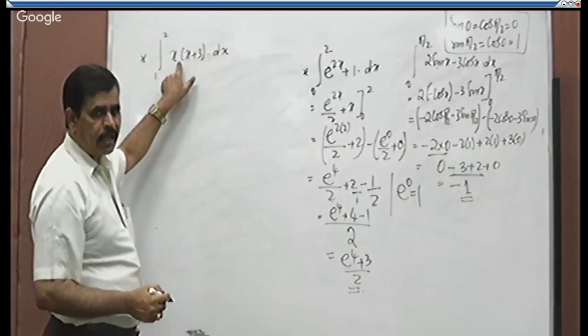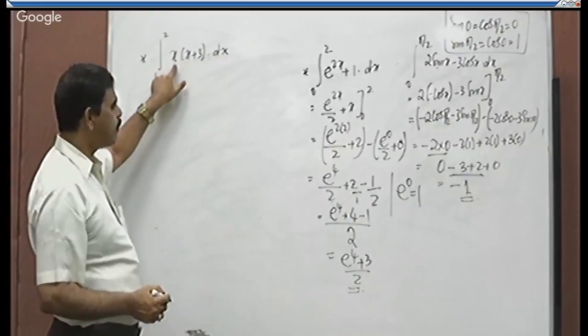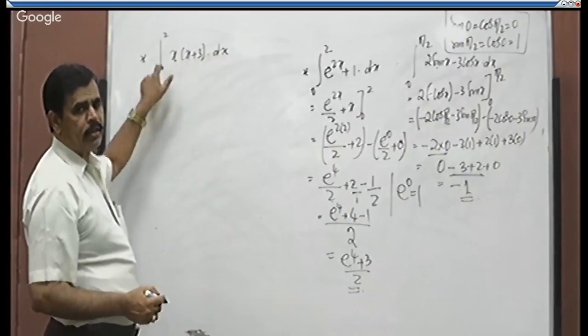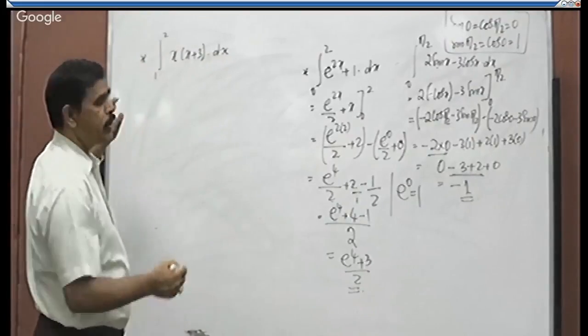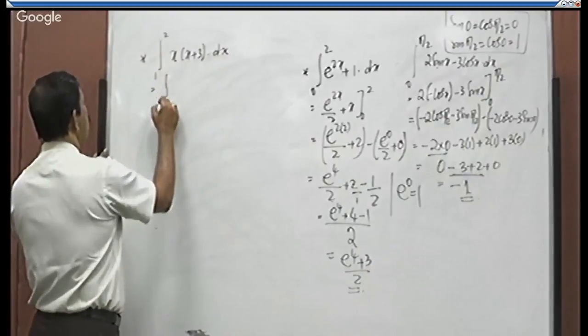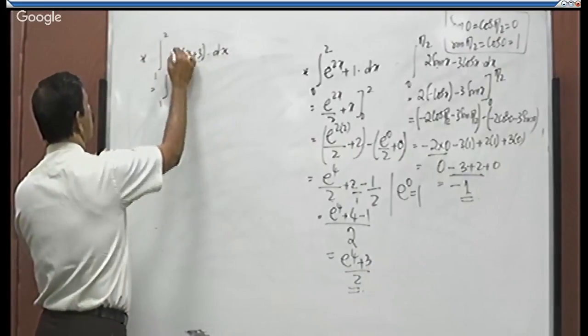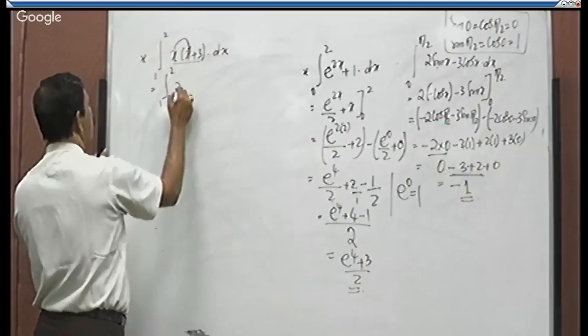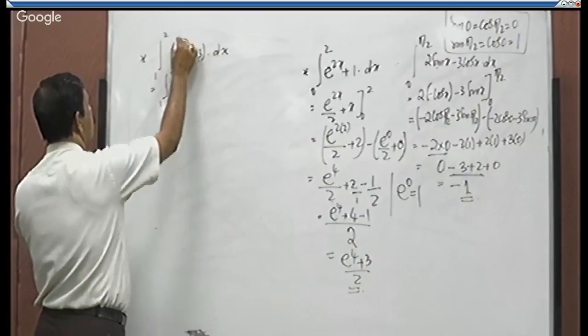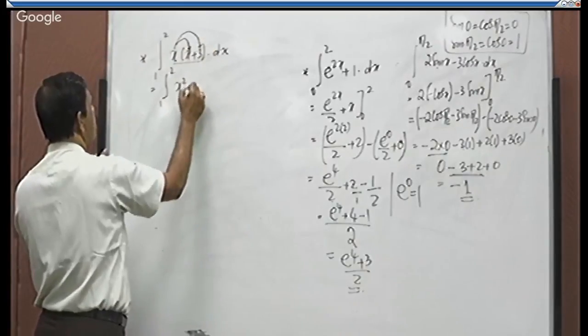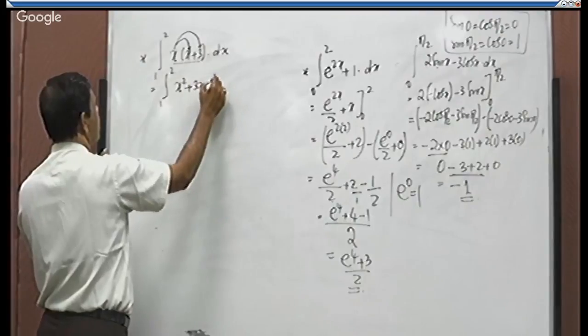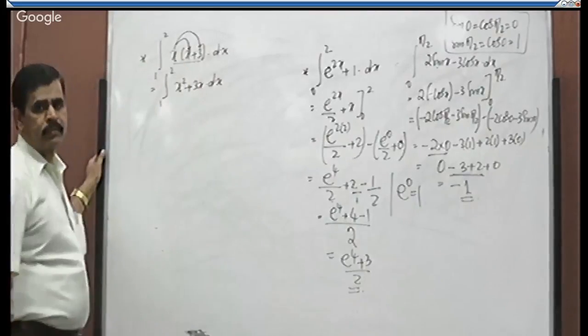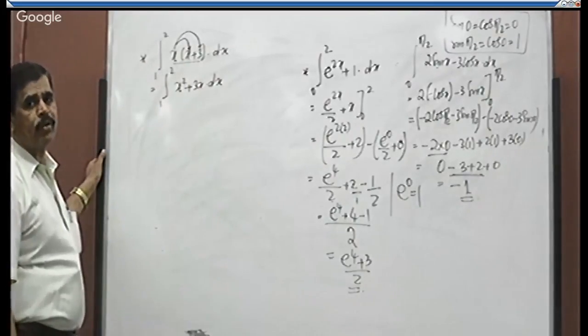First multiply this, simplify it, then integrate, then substitute the limit, right? First we have to go for what? Multiplication. x into x, x square, x into plus 3, plus 3x, into dx. So just the brackets are removed.